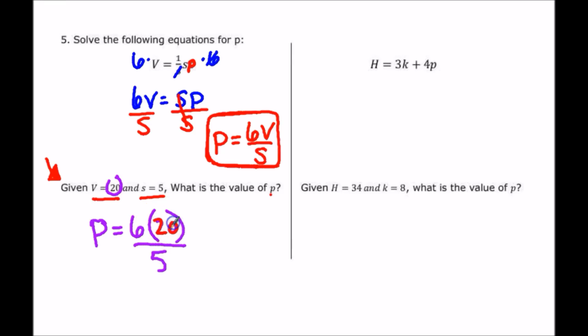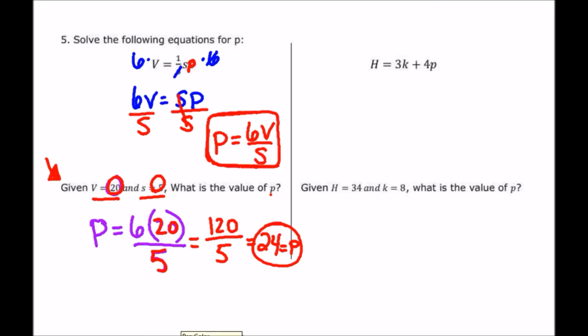Here's your 20 and your 5. We just plug those right in. 6 times 20, you can use a calculator if you need to, is 120 divided by 5. And then 120 divided by 5 is 24. And you could say that's your P, and there's your fun answer. All right? So try that out, see if you got that answer there.